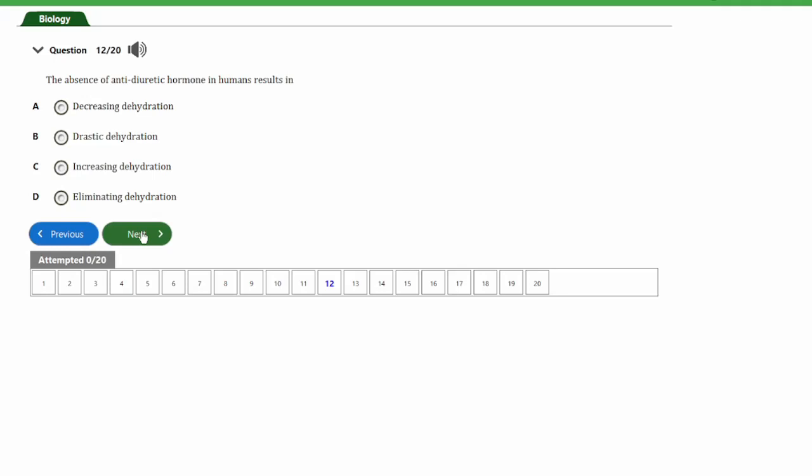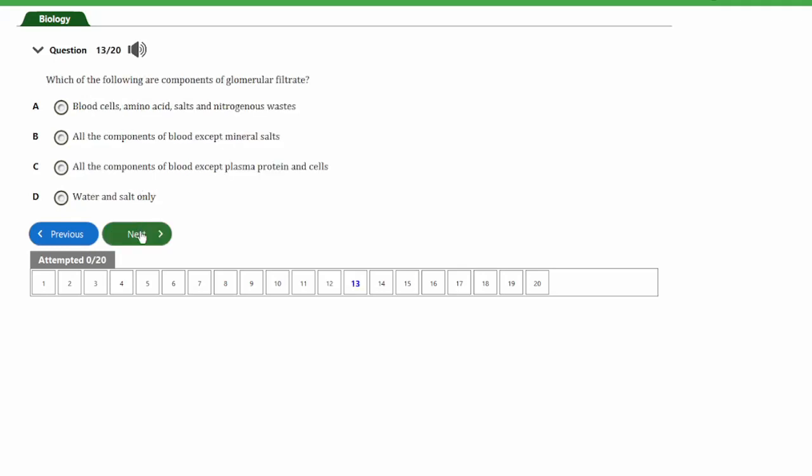You need to understand that the antidiuretic hormone helps to maintain water balance by reducing excess water loss. That's diuresis. So in this case, not having the antidiuretic hormone will make one urinate all the time, and this will lead to increasing dehydration or loss of water. So guys, that's the answer to this question.